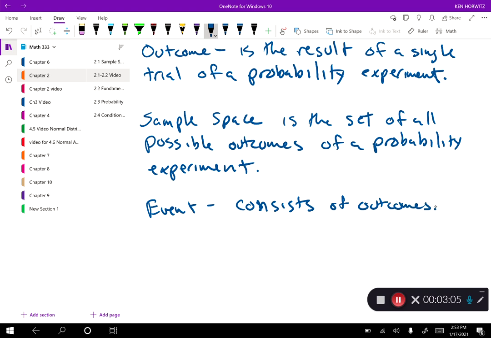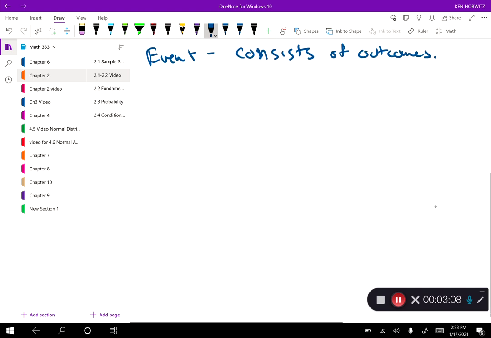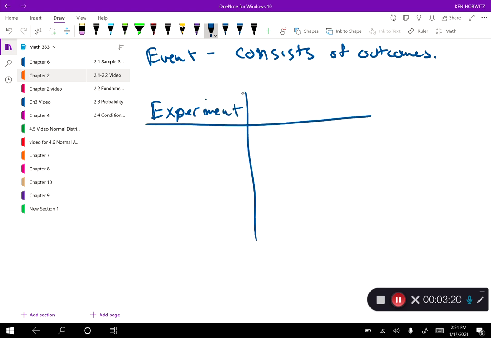So let's talk about the term sample space for just a minute. I'm going to have a couple of experiments here: experiment and sample space. The first experiment we have is tossing a coin.